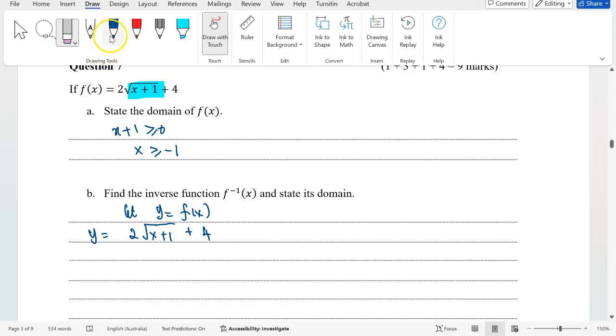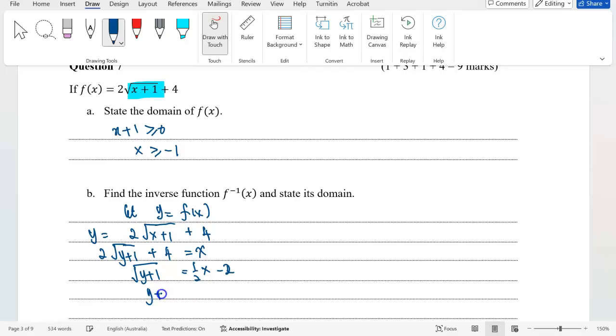So you're going to say that 2 square root of y plus 1 plus 4 equals x. Square root of y plus 1 is equivalent to x minus 4, so it's half x minus 2.